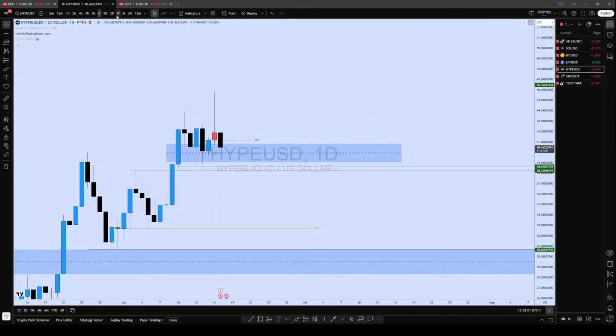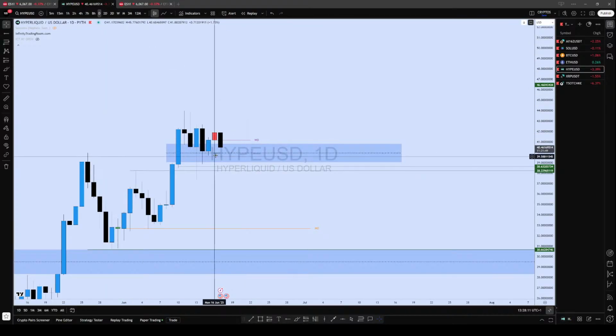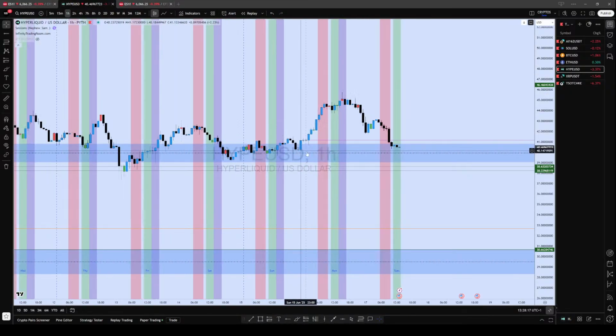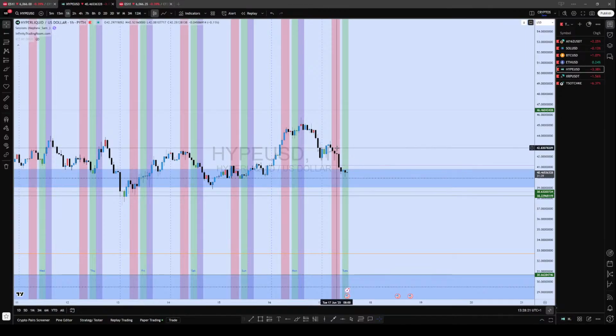So we might expect this candle to resume going up this week, because I don't think this is bearish. This is just a pullback into the fair value gap again, and then we might reject. On the lower time frame, just wait for a shift in the market structure, or as it's dropping, any imbalance, for example this one, let them trade through it, and then you can start looking for the buy.